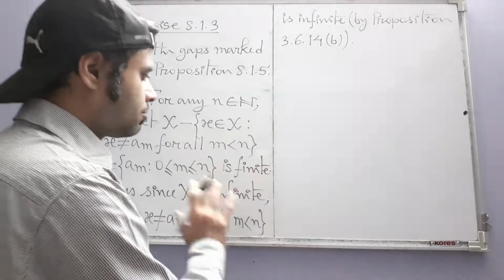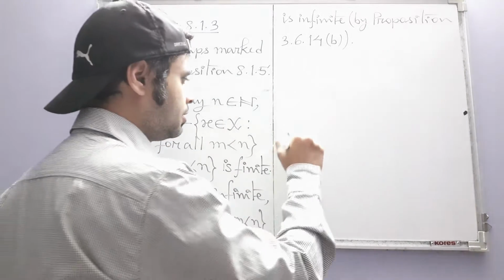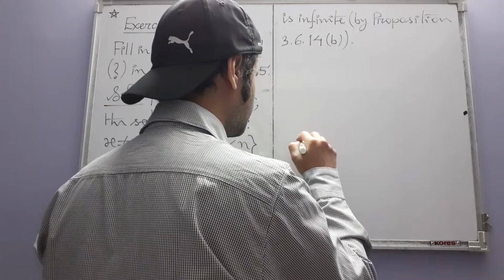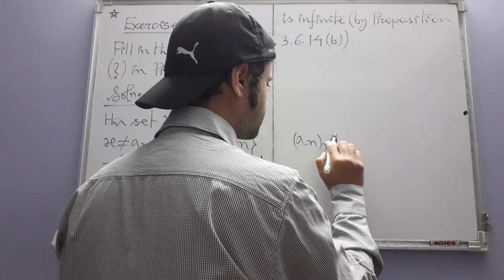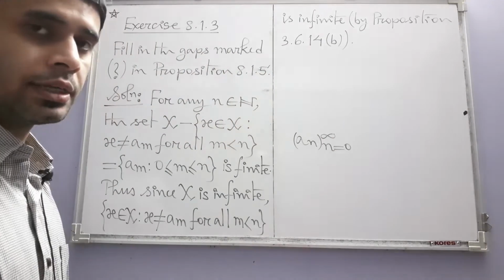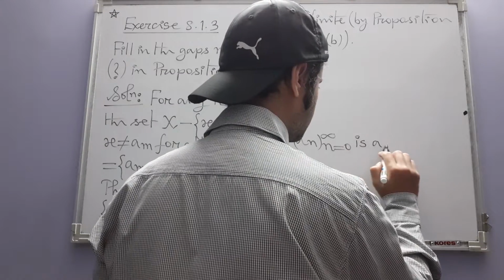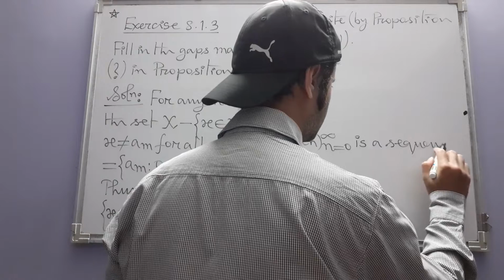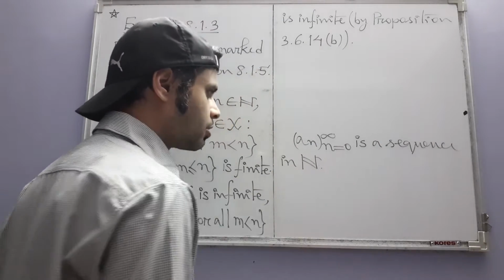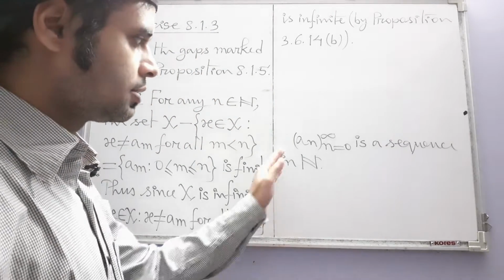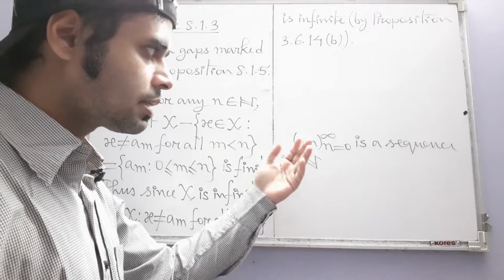Okay, so now that we have the sequence defined for us recursively, the next thing is to notice this, that it is in fact a sequence of natural numbers. A shorter way of saying the same thing is to say that this is a sequence in N. This was another question mark.